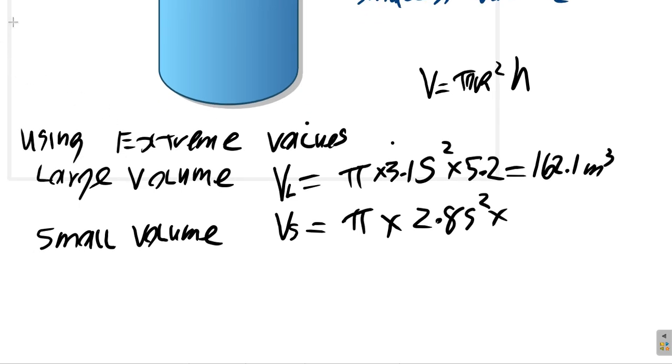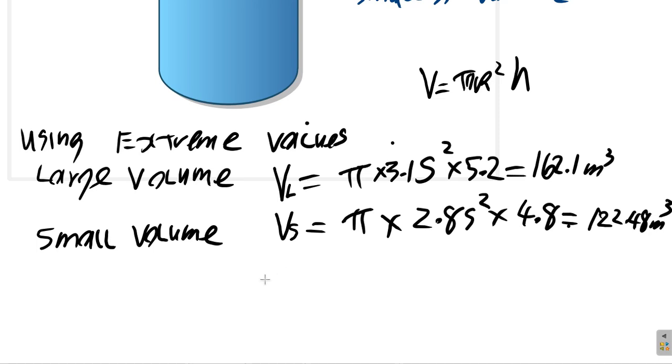So pi times 2.85 squared times 4.8 gives you 122.48 meter cube.